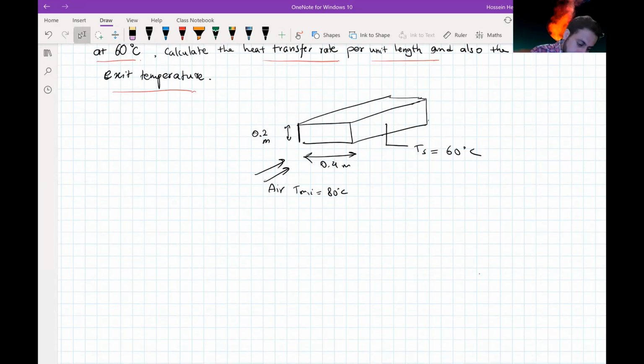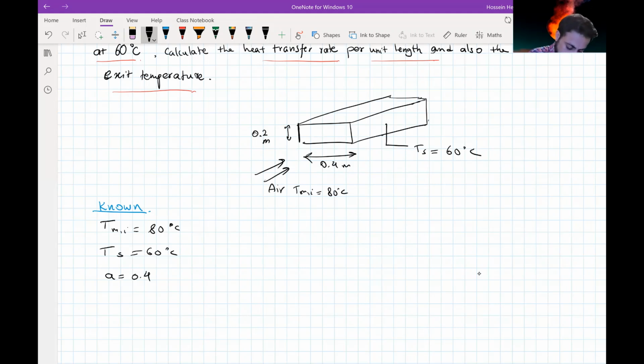So the known parameters here: T_m,i is 80 degrees C, T_s is 60 degrees C, and the duct dimensions A is 0.4 meter, B is 0.2 meter, and the length of the duct is 9 meter.